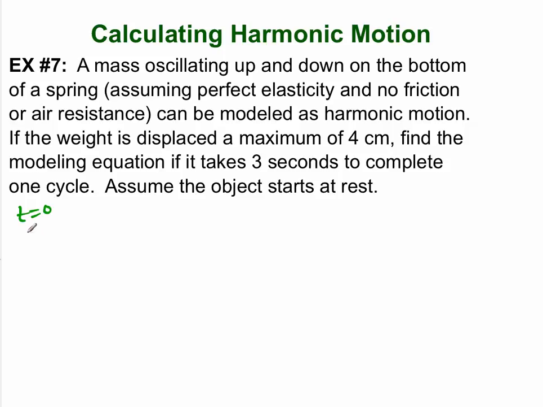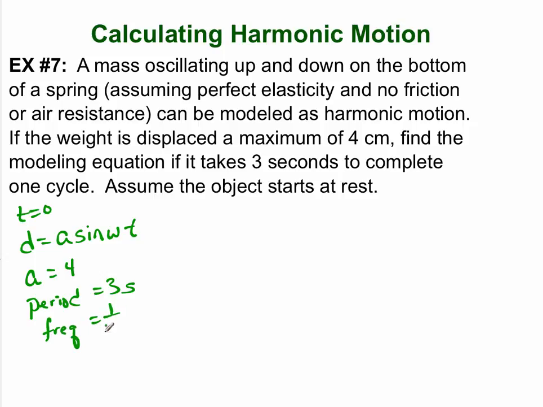And let's use a sine model. d = a sine omega t. The maximum displacement a is 4. The period is 3 seconds. So the frequency is 1 over the period, or 1/3.